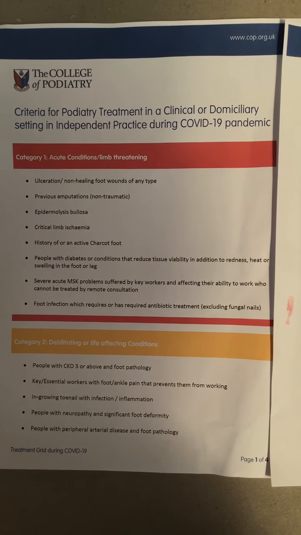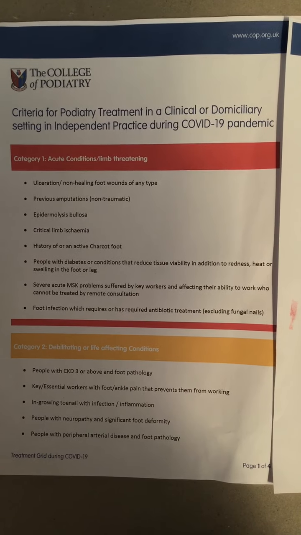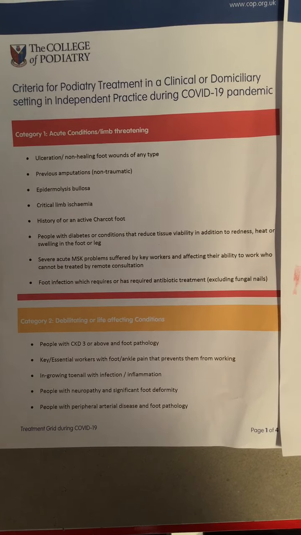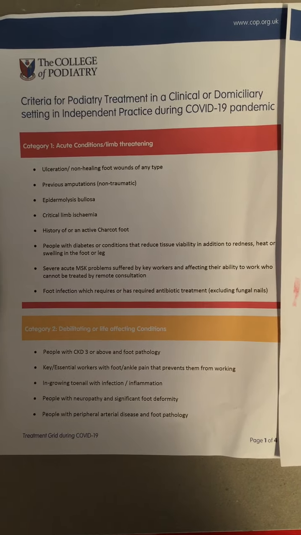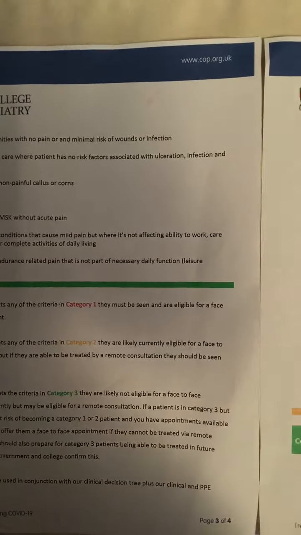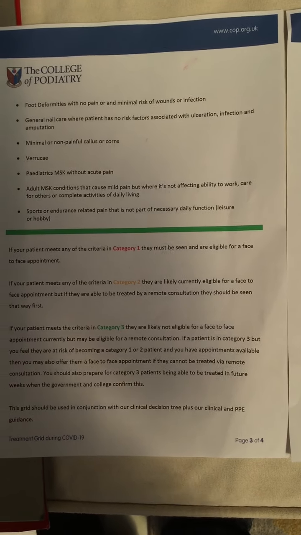Red means that you can treat because of the acute conditions once you've taken other things into account. The amber means that you can treat with certain conditions, and the green means that you probably shouldn't treat, but there may be some reasons why you could.